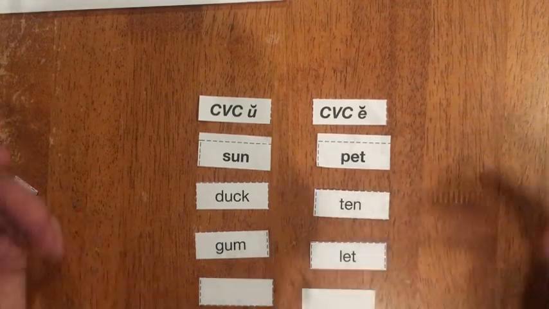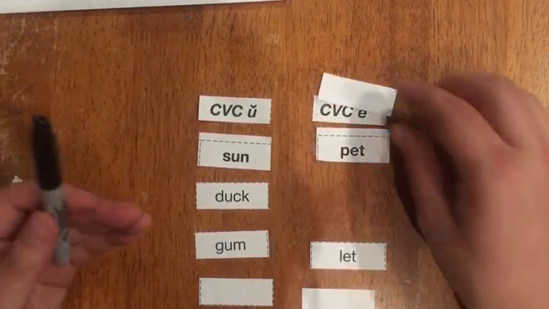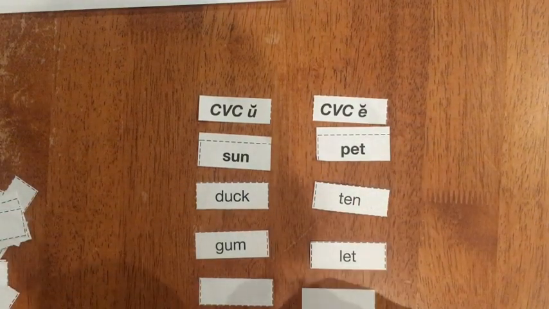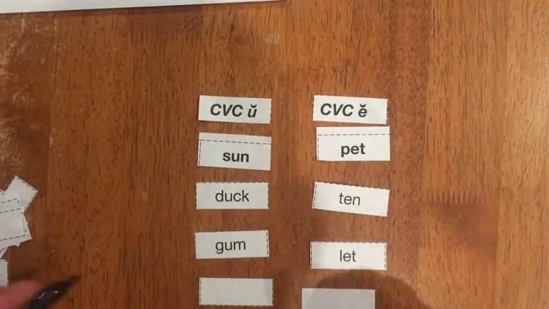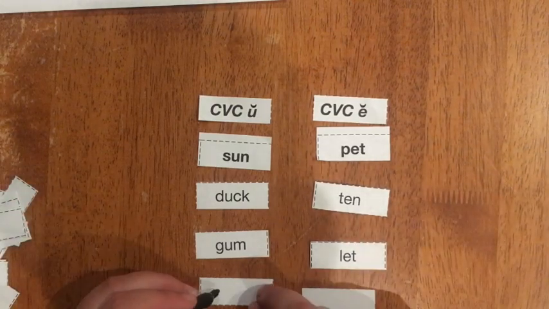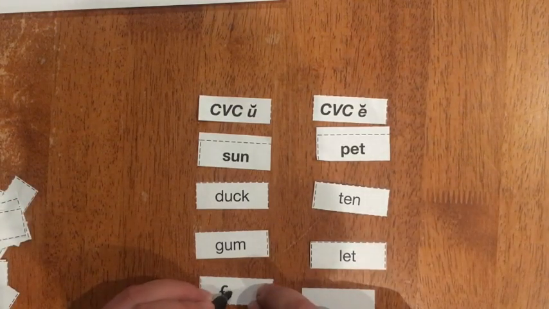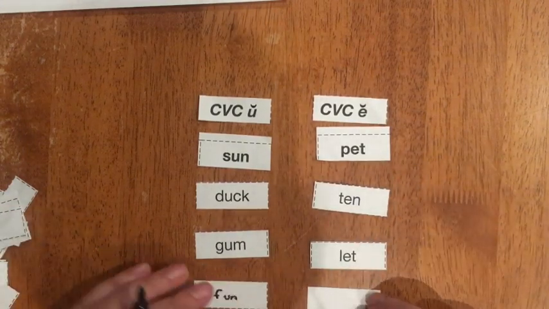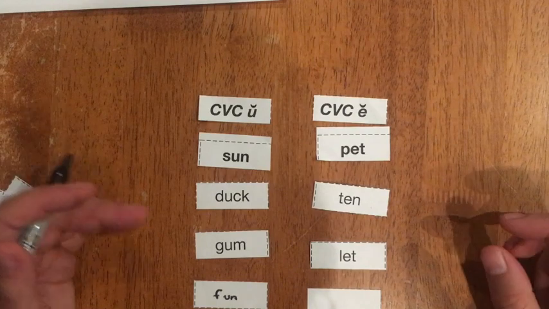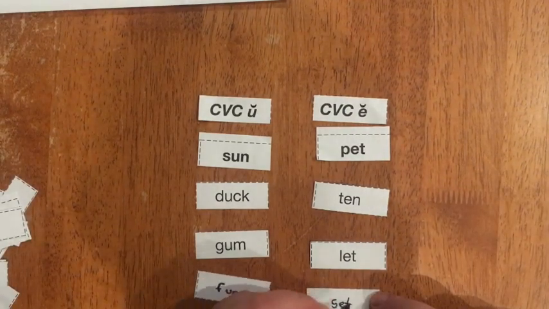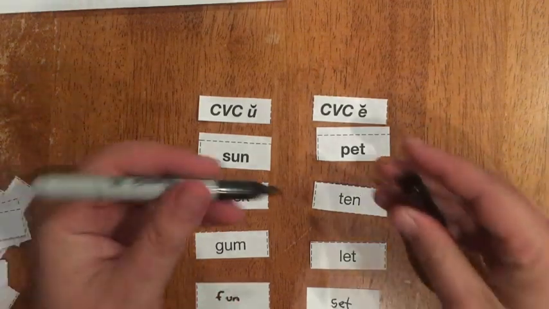So focusing on the sound, I might go, what other word has the sound in it in a short word? And I go, oh, maybe the word fun, fun. And so, providing my own, what's another word? Well, let's say set. And so that's it as far as a demonstration.